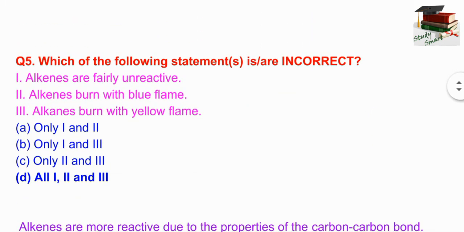Now see next question. Which of the following statements is incorrect? Alkanes are fairly unreactive. Next statement, alkanes burn with blue flame. Third statement, alkanes burn with yellow flame.